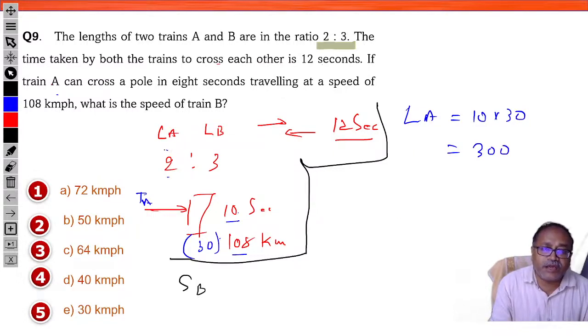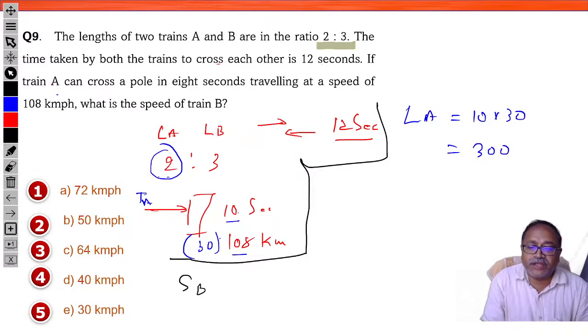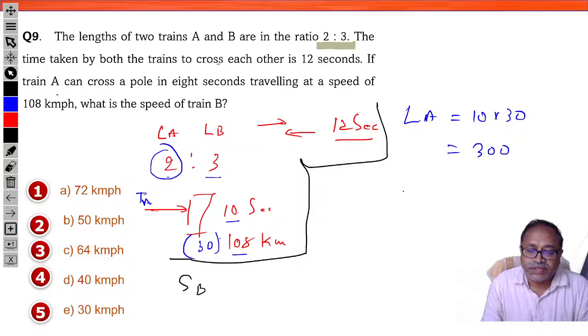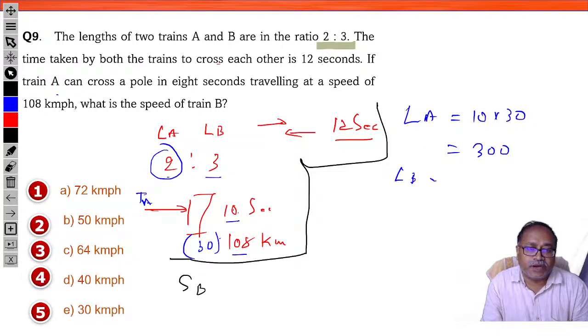And when A is 300, the length of train B is 150 into 3, 450.